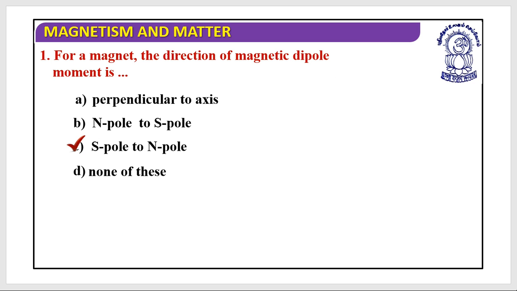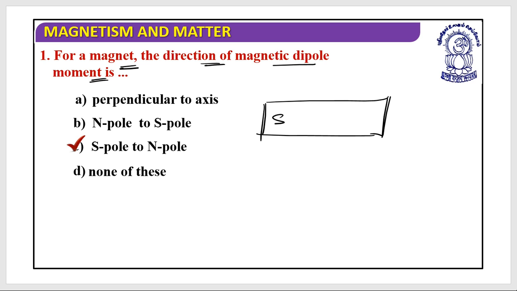So let's look at certain MCQs. It says, for a magnet, the direction of magnetic dipole moment. Say this is the bar magnet, this is the south pole and this is the north pole.